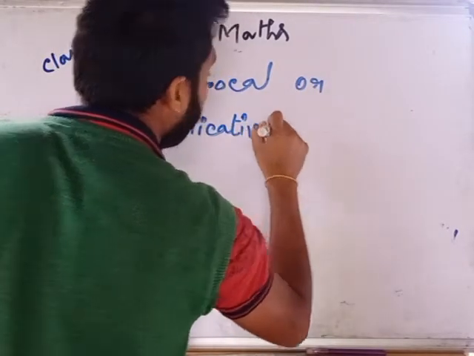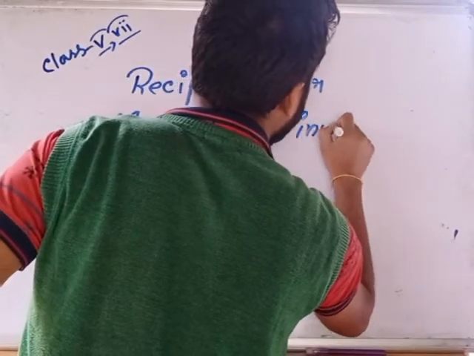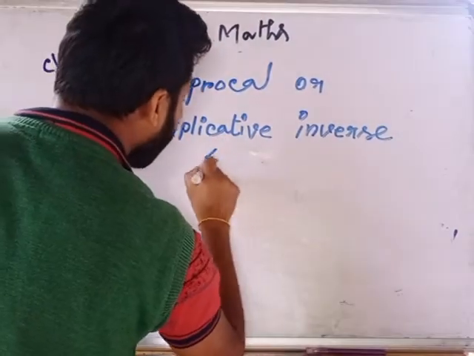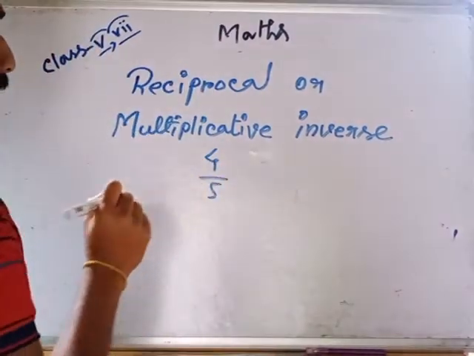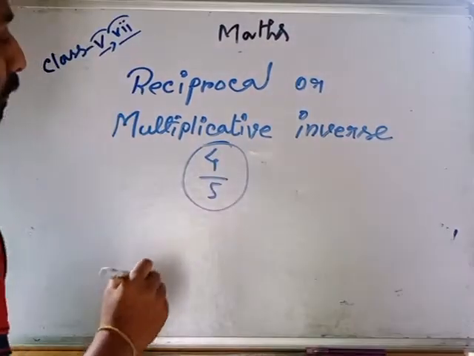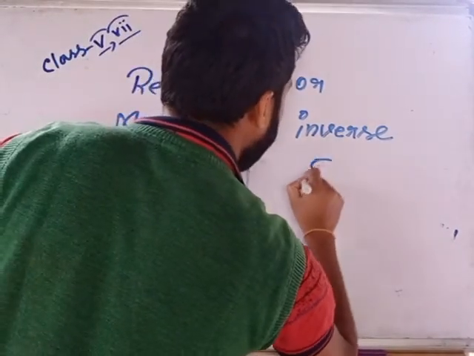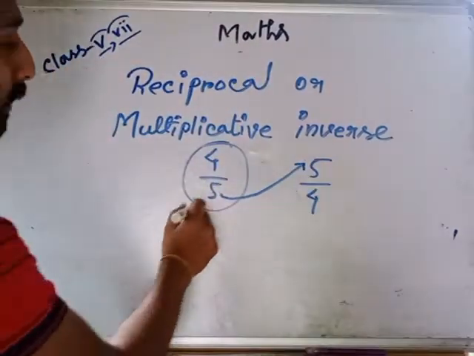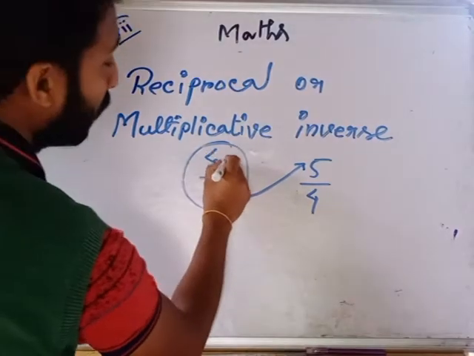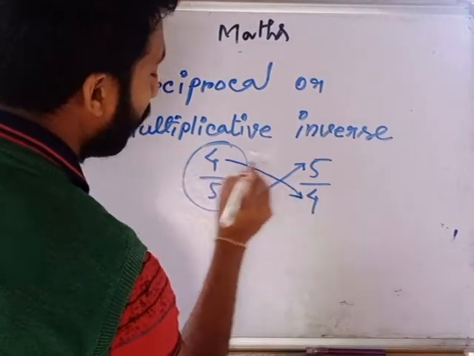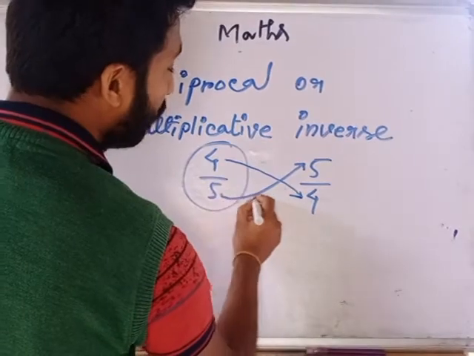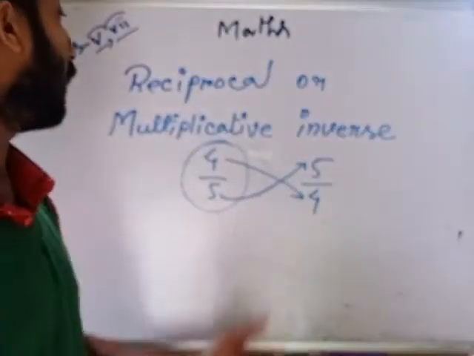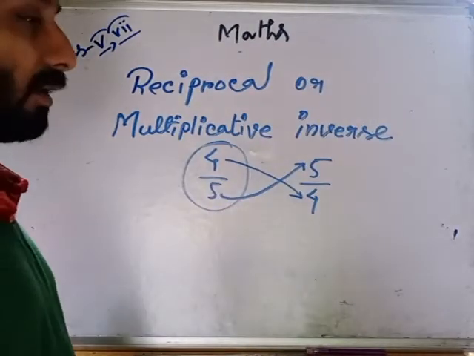Multiplicative inverse means, if it is 4 by 5, the reciprocal of 4 by 5 is 5 by 4. That means the numerator goes as a denominator, and the denominator goes as a numerator. That is called the reciprocal or the multiplicative inverse.